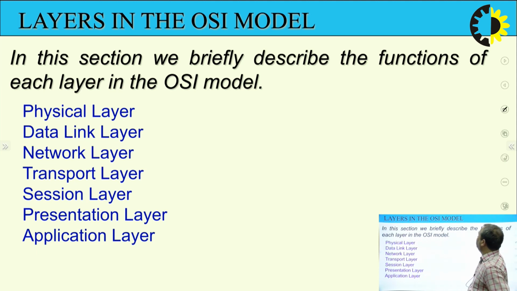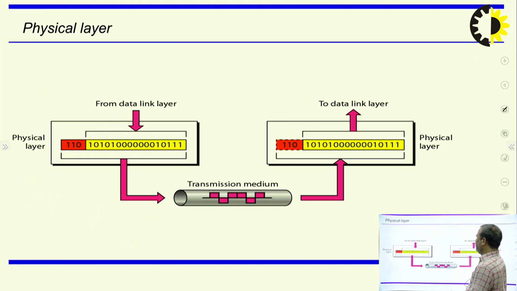Now, layers in the OSI model. In this section, we briefly describe the functions of each layer in the OSI model. So what does the physical layer do? As we have seen, the physical layer is responsible for interaction with the hardware, like the signal system, signaling, voltage levels, pin system and all. The physical layer is responsible for bits, only 0 and 1, and voltage levels, I mean hardware related tasks.